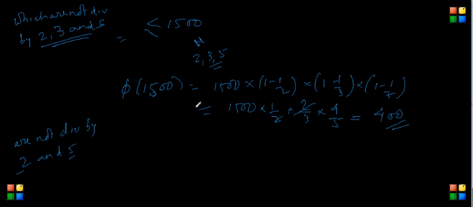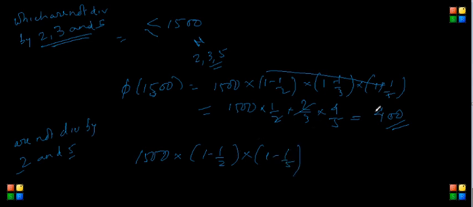It will just take a logical extension of the previous question we have done. Just take 1500 and instead of multiplying with the entire expression, just remove 1 minus 1 by 3 from here. So just do 1500 into 1 minus 1 by 2 into 1 minus 1 by 5, right? Just take this 1 minus 1 by 3 component out of the picture, because we are not asking for divisibility with 3 here.